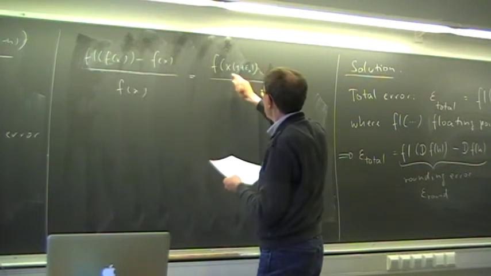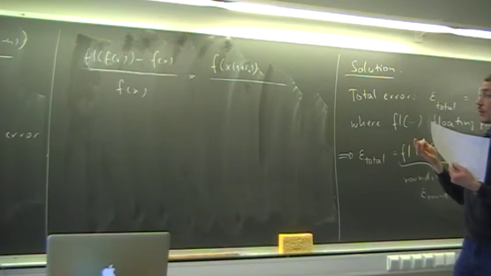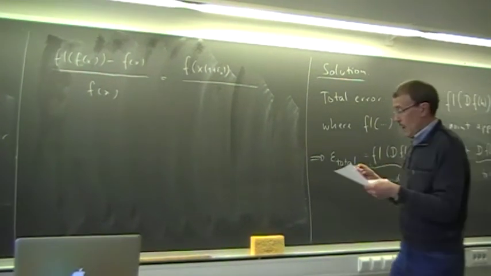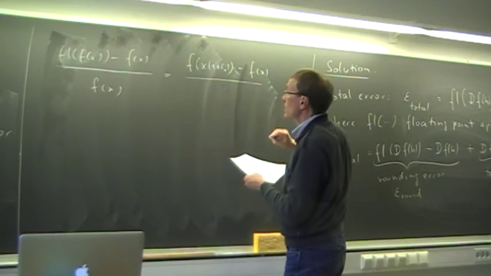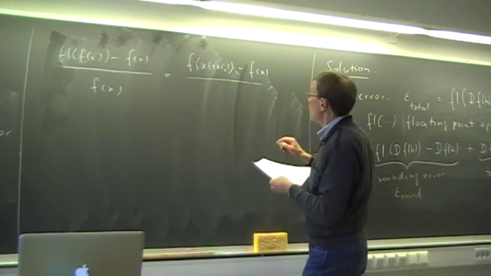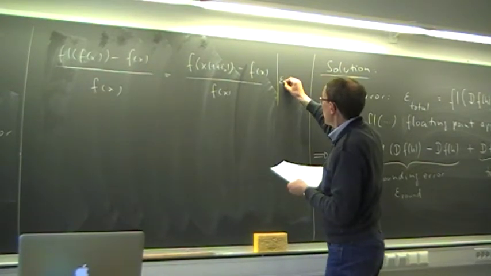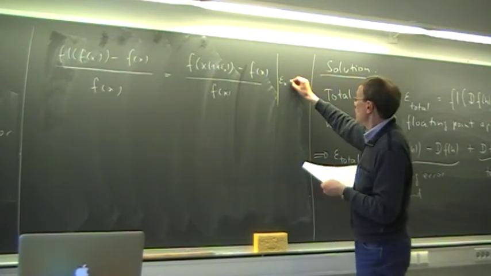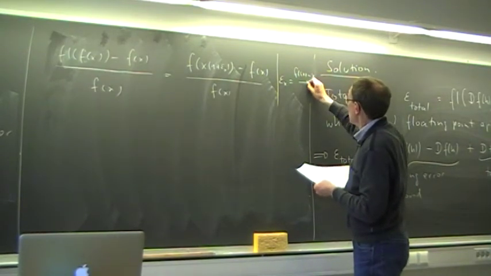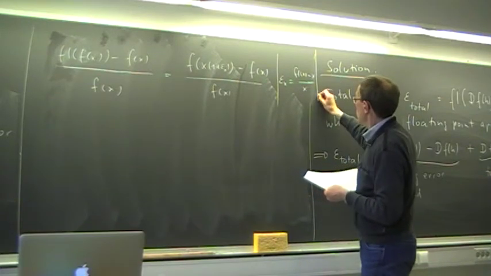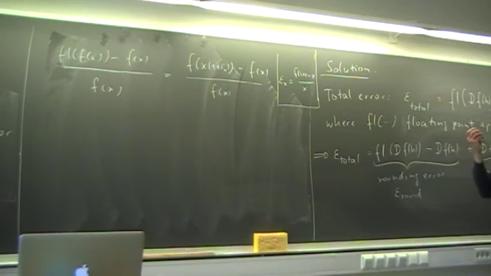Epsilon x is the relative error of x. So here we look at the floating point representation of x. And then we have the correct f of x, and we divide by f of x. So in here, the epsilon x is the relative error, that is the floating point of x minus x divided by x. So that's the relative error of the representation of the number x on the computer.